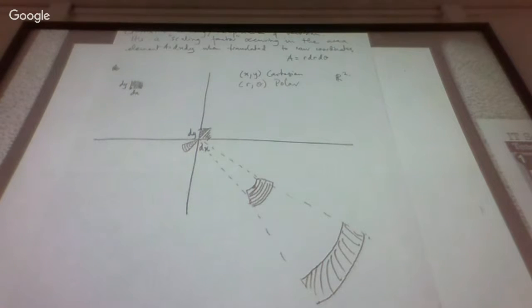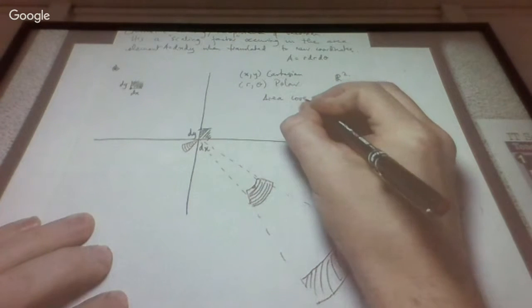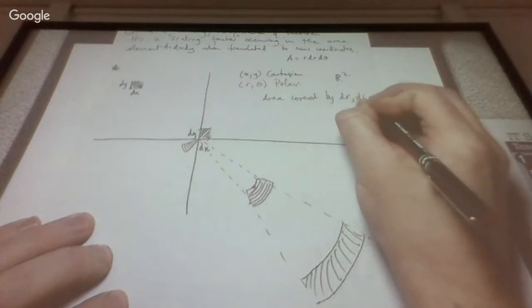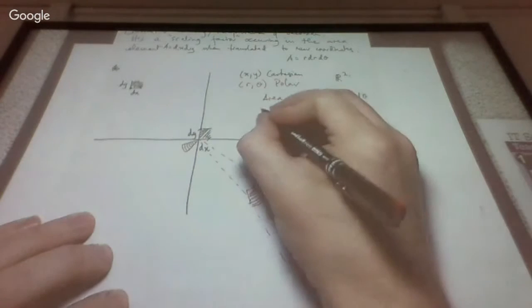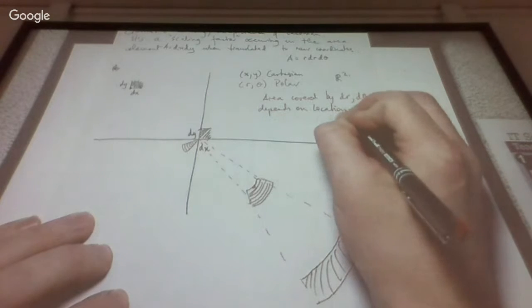Yeah. If I move across an angle here, within the room, I'm only moving a few feet. But if I bring the location out to a few miles away from me, swinging my arm like that through the same angle covers a huge area, hundreds of square miles. We're talking about a point quite a long distance away from it. Okay? So the area covered by dr dθ, changes in r and theta, depends on the location, whereas it doesn't for Cartesian coordinates.